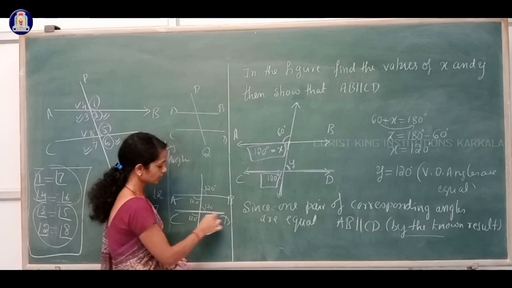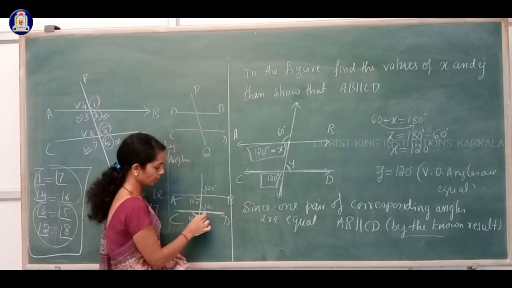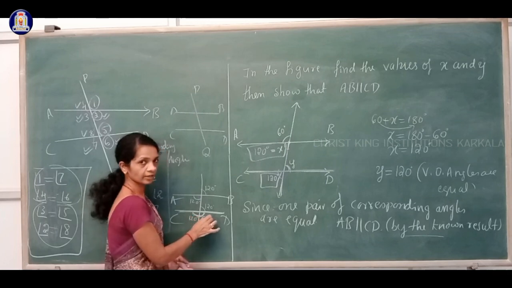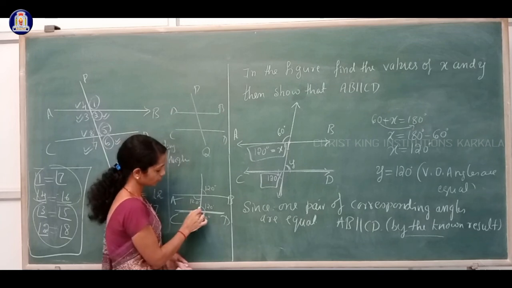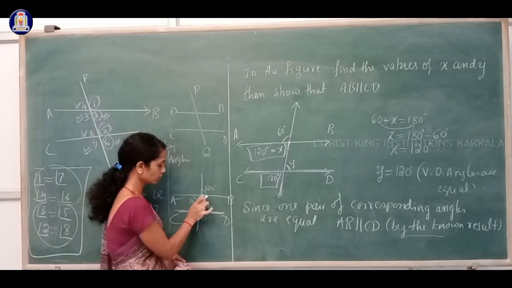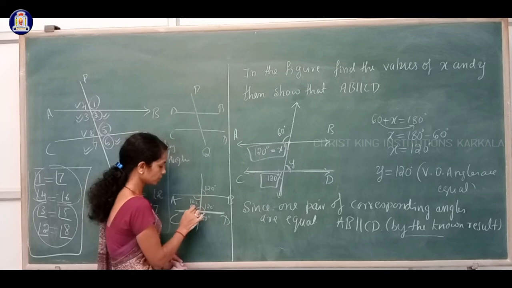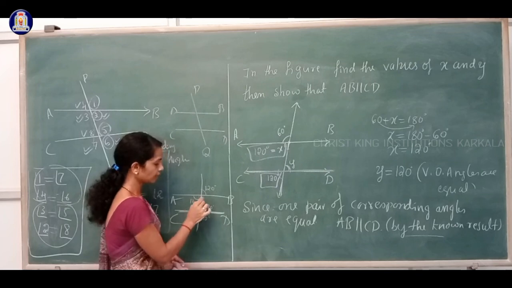And since CD is a straight line, the total angle below the line CD must be equal to 180. So how much angle can we write here? 60, right? 60 plus 120 is 180. Opposite to it, this angle is also 60 degrees.